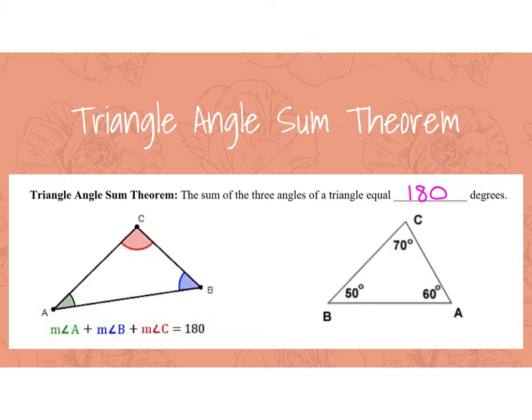On the right, we can add together angles A, B, and C and see if it equals 180. Angle A is 60 degrees plus 50 degrees, angle B, plus 70 degrees for angle C. And when we add all of these together, they equal 180 degrees.